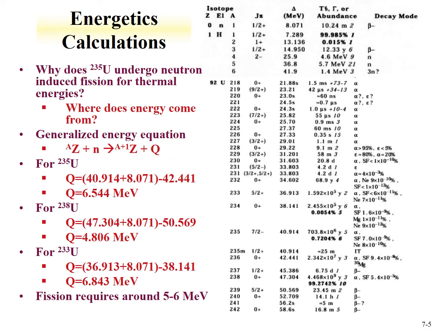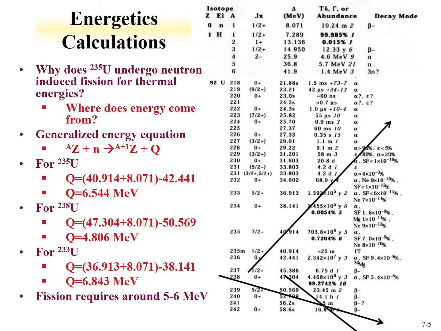In the case that we see here for uranium-235, the Q values are shown here. So for E, we would have the 235 plus a neutron minus uranium-236. The neutron and the 236, that's equal to 6.5 MeV.